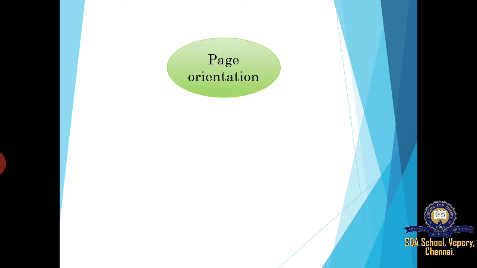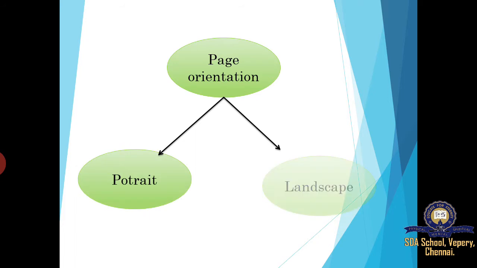In our phone also, there are two types of modes. Have you noticed that? One is portrait and the next is landscape. Likewise, page orientation has two types, that is portrait and landscape.